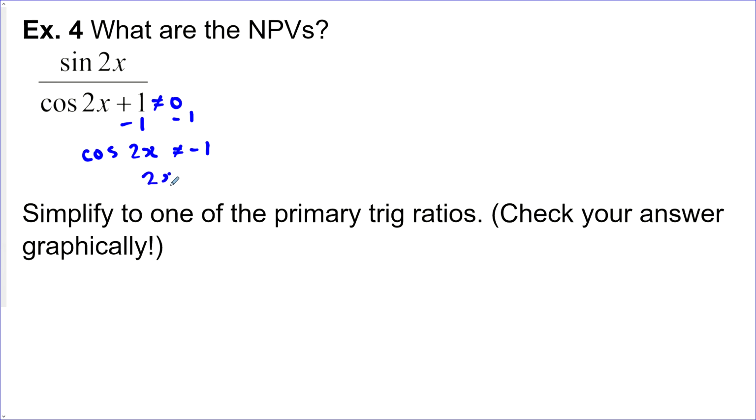So 2x cannot equal pi, or 3 pi, or 5 pi, and so on. And divide both sides of this inequality by 2 here, and we get that x cannot equal pi over 2, 3 pi over 2, 5 pi over 2, and so on.